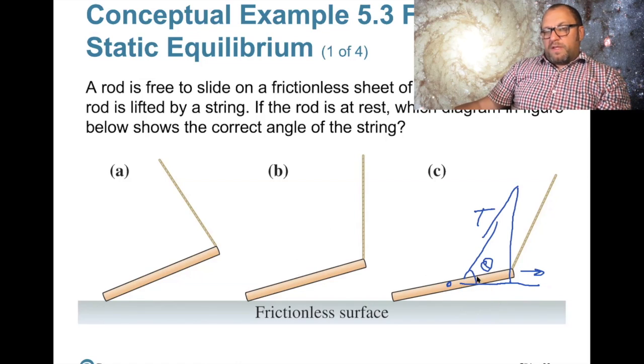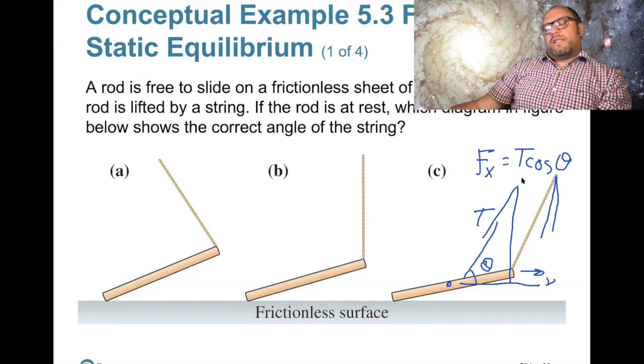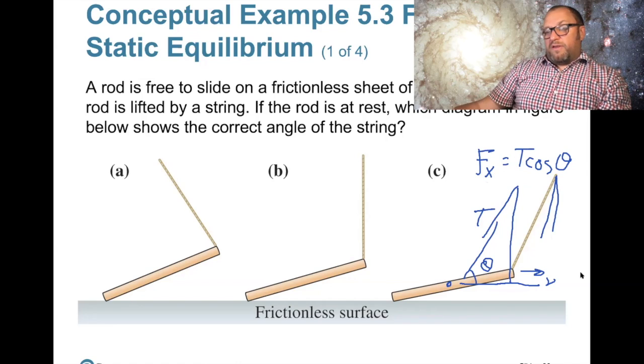The x component of the tension is going to equal T times cosine of theta. This is not balanced. There's clearly a force there and nothing pushing back on it, so it's going to oscillate back and forth. What about this one?